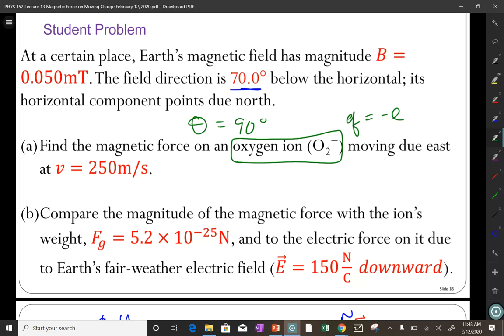The velocity is due east. Is the horizontal component due north? Yes. So the magnetic field is pointing like this, right? The horizontal component is due north, and then it also has a downward component.